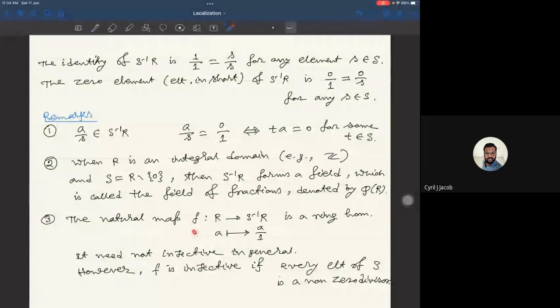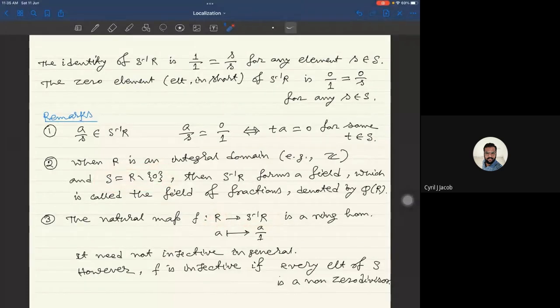But when R is an integral domain, every element of S is a non-zero divisor, and in that case it is injective. So when R is an integral domain and S is the collection of all non-zero elements, you get a field, and that field contains R as a subring.